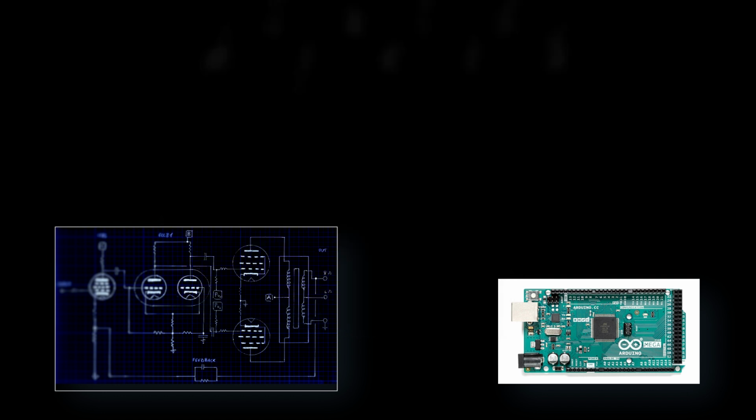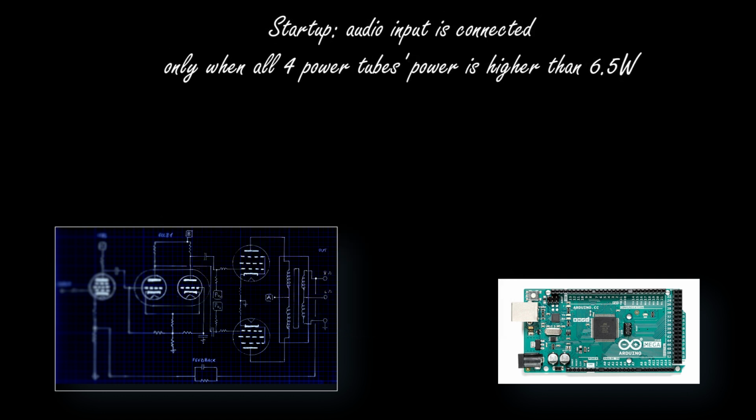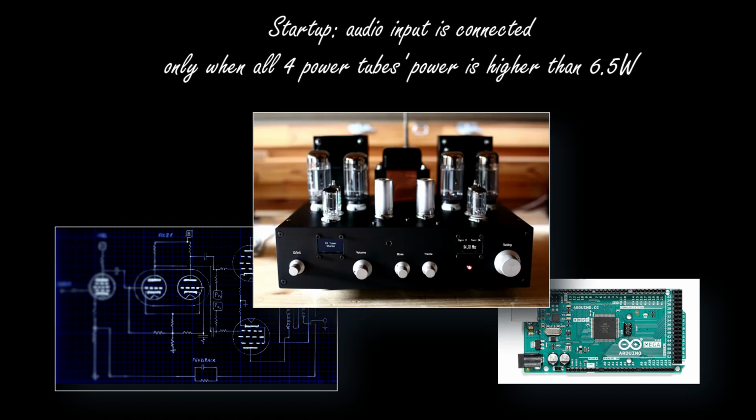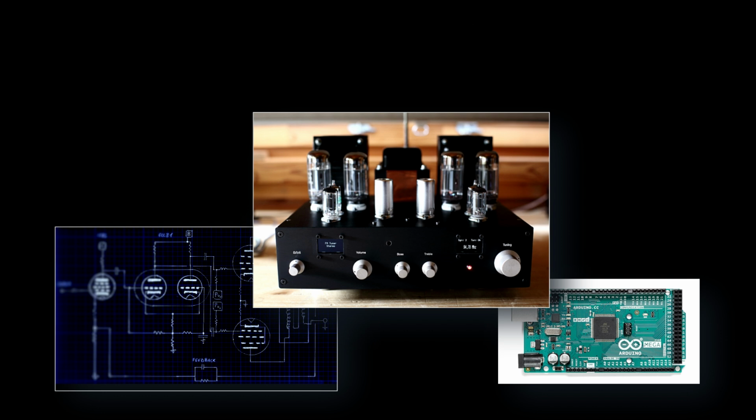During startup, consensus for the connection of the source to the amplifier is given only when the power drawn by each one of the 4 tubes is higher than a certain amount, which means only when the 4 tubes are sufficiently warm in order for them to operate.